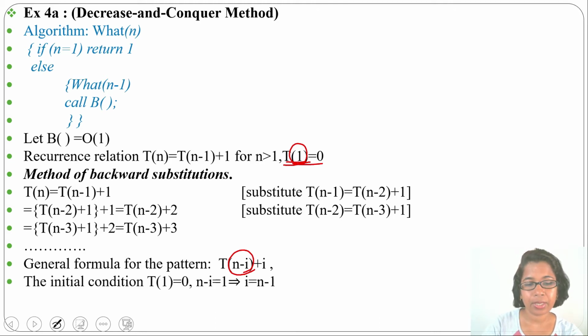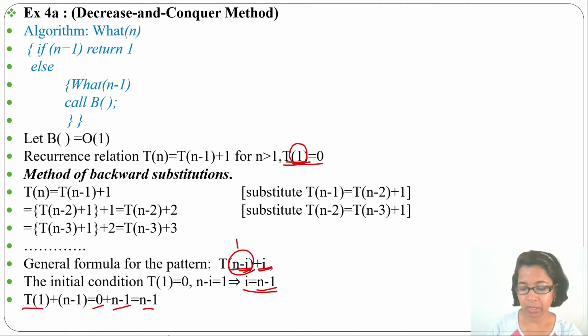So n-i equals 1 means i equals n-1. Just substitute: in place of n-i, substitute 1, and in place of i, substitute n-1. So T(1) + n-1, and the T(1) value is 0. 0 plus n-1 is n-1.